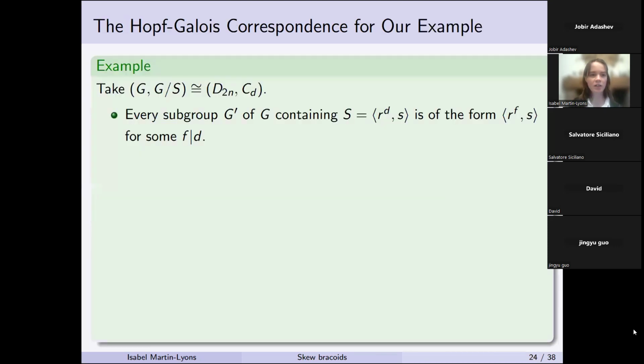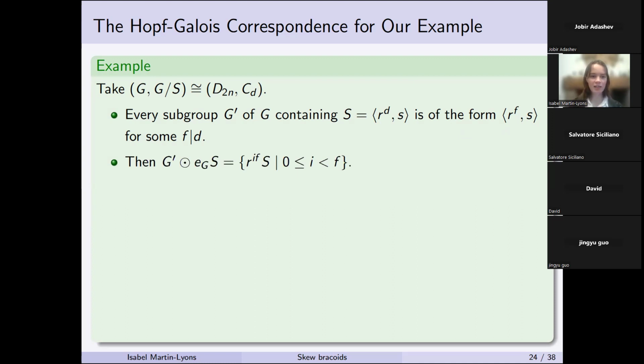So we can work through this for our example. Every subgroup G' of G dihedral containing S, where S should be the stabilizer of the identity in the additive group, which here turns out to be ⟨r^d⟩ s, any subgroup of G containing S is of the form generated by r^f and s for some f dividing d.